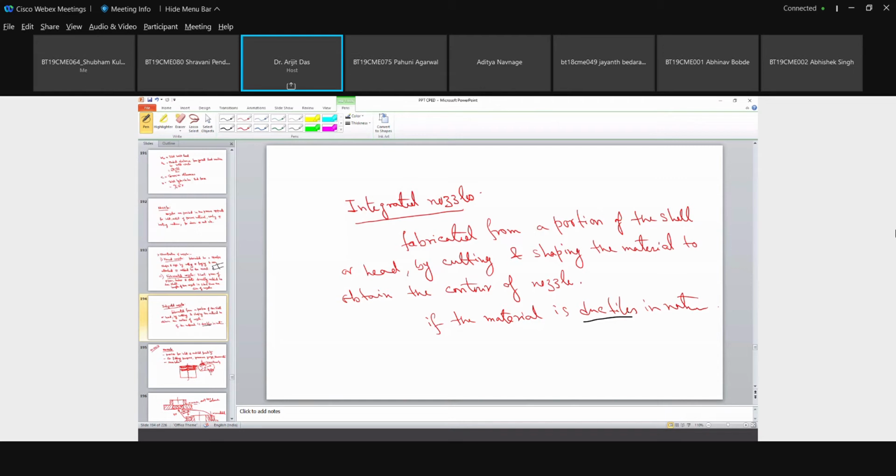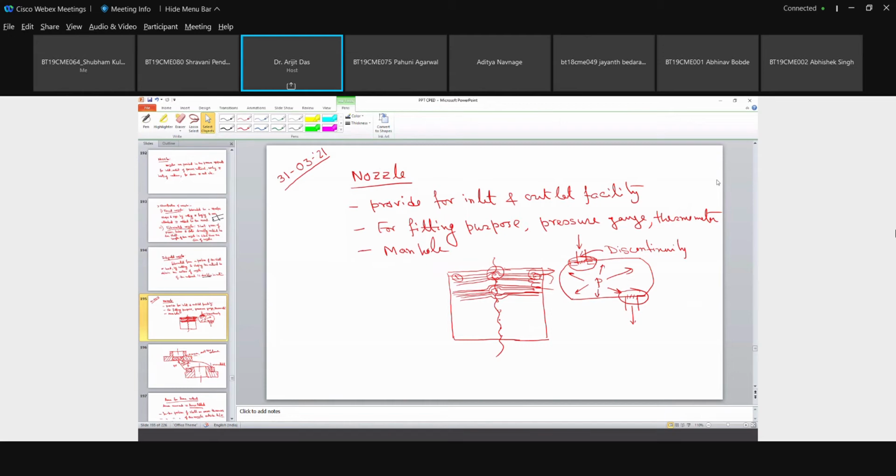So it is not brittle, so you can heat it up, you can cool it, and it may reach its plastic zone, but it will not cross the ultimate or the rupture limit. So the material must be ductile, and the process should be done within the range of the proportionality limit. So it is a requirement for integrated nozzle preparation.